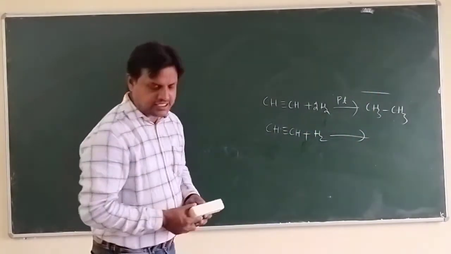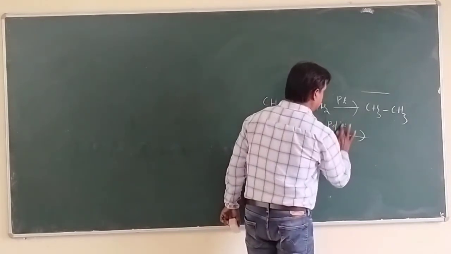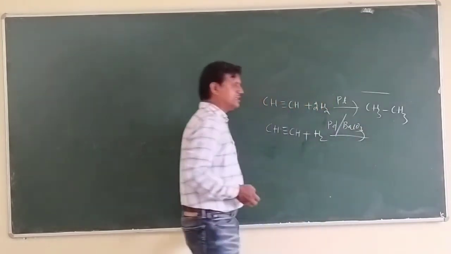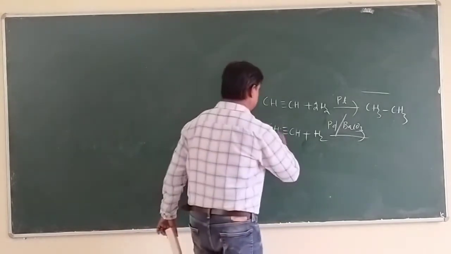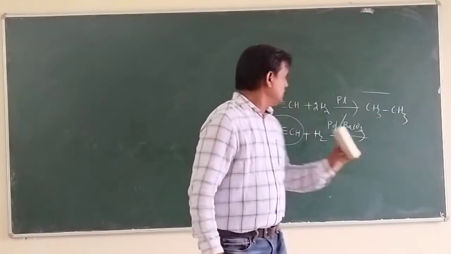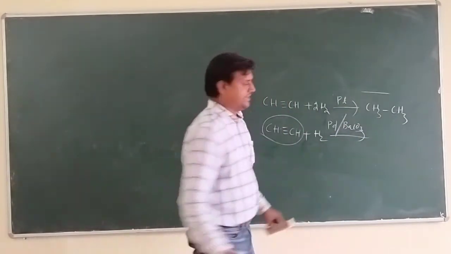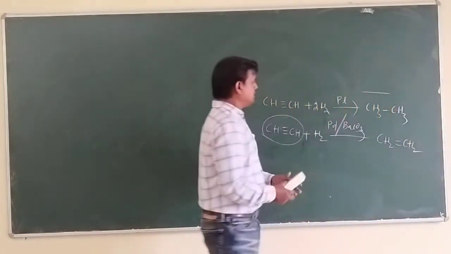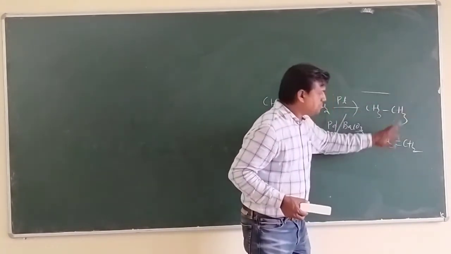But if you change the catalyst to palladium in the presence of barium carbonate, then that acetylene, instead of forming alkane, forms alkene. So if you change the catalyst, the direction of the product is changed.